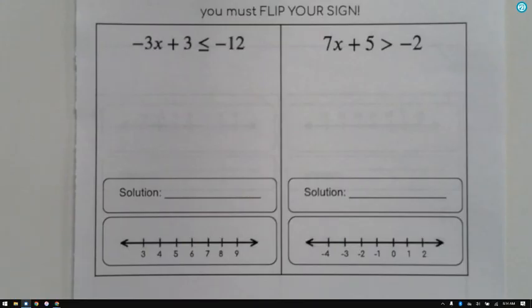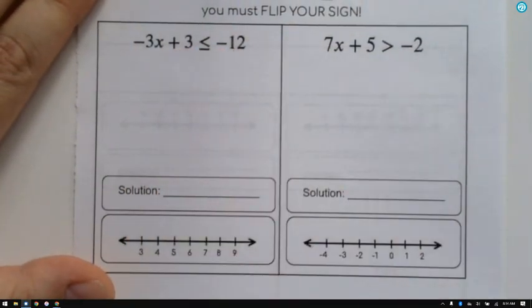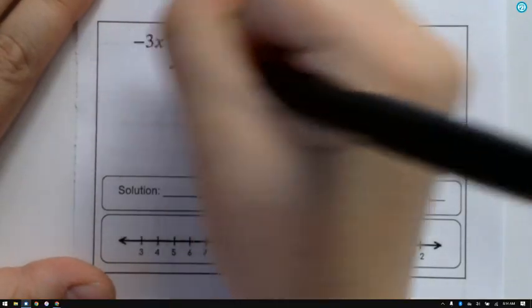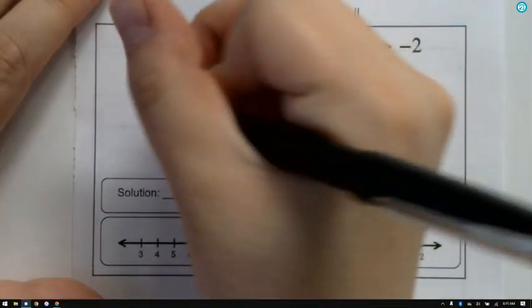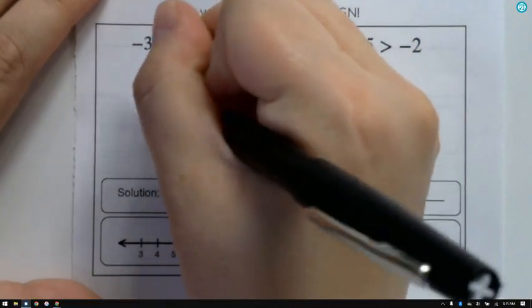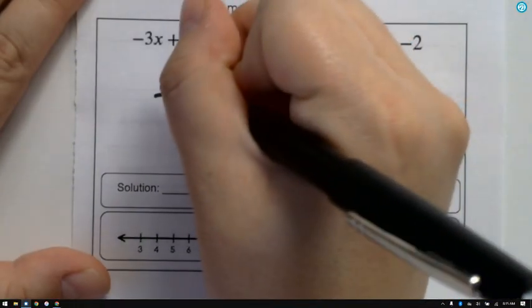So I've got negative 3x plus 3 is less than or equal to negative 12. We're going to start by getting rid of that plus 3. Opposite of adding 3 is subtracting 3. So we're going to have negative 3x on the left. We have not multiplied or divided by a negative, so it's still less than or equal to.